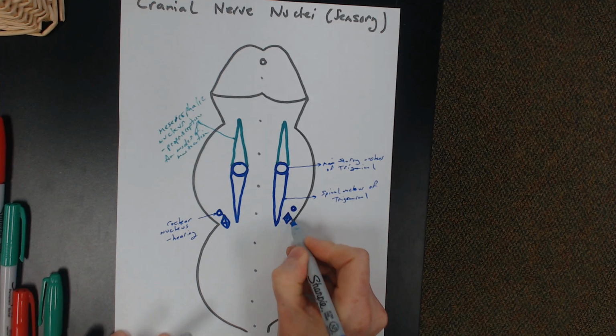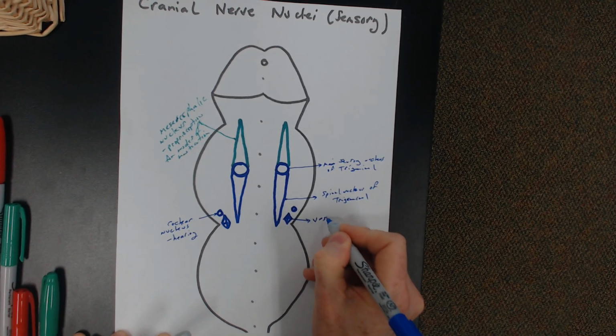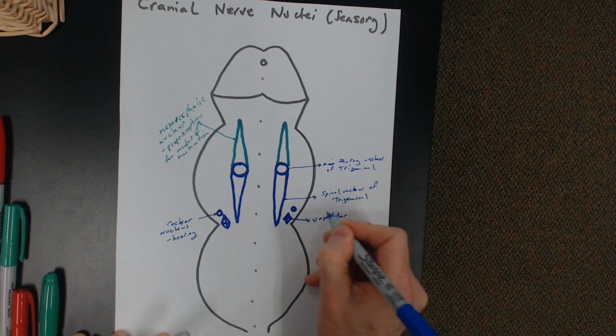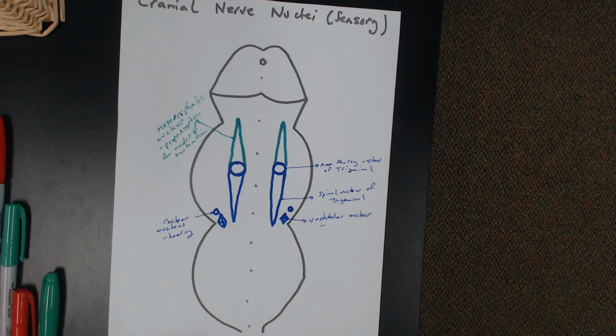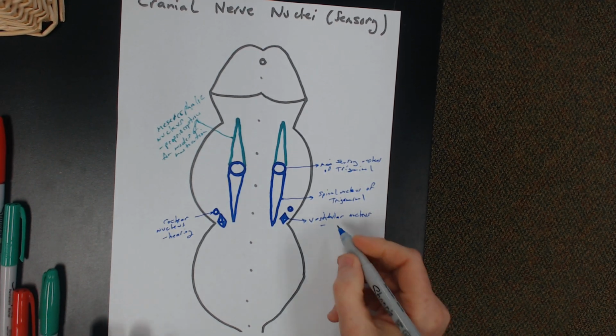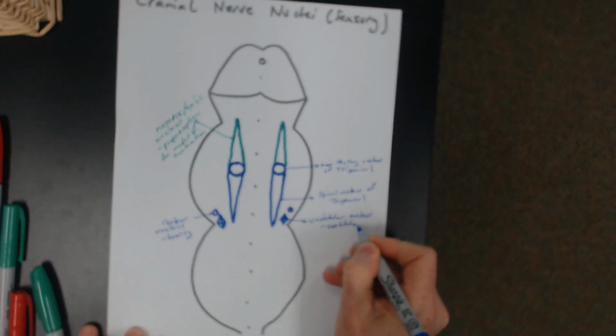And then this other one for cranial nerve number 8 is your vestibular nucleus. And that's going to be receiving information from your vestibular system in your inner ear. And again, we'll cover that later on in the semester.